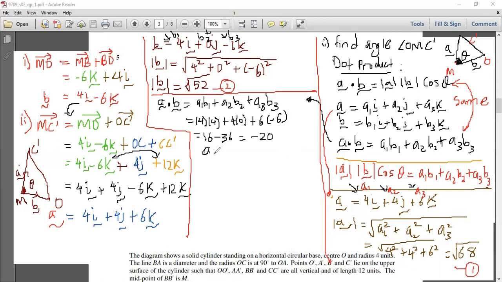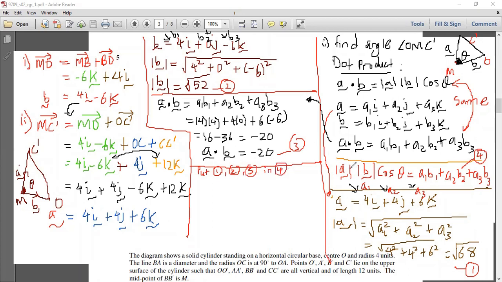So the dot product turns out to be a scalar, which is negative 20. Scalar means no vector value, just a magnitude. So here we are. Let's call this equation, the identity, 4. We put results 1, 2, 3 in 4.